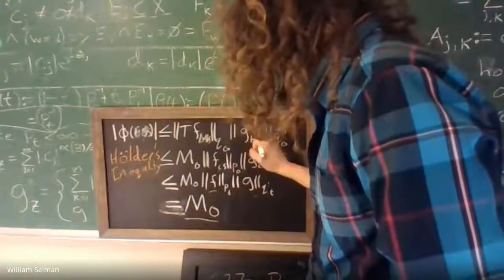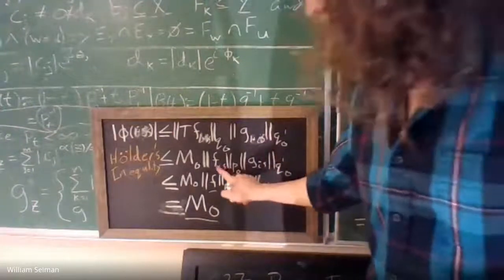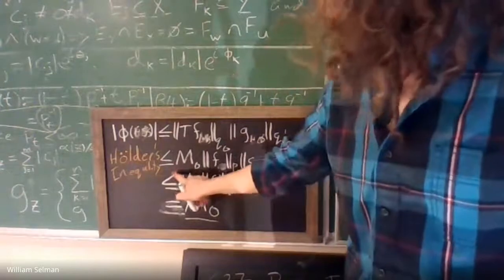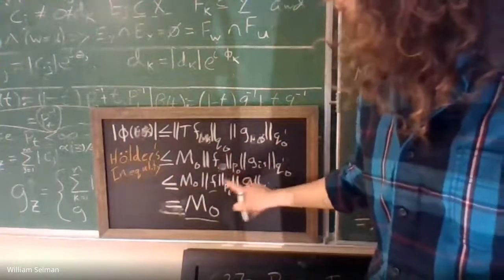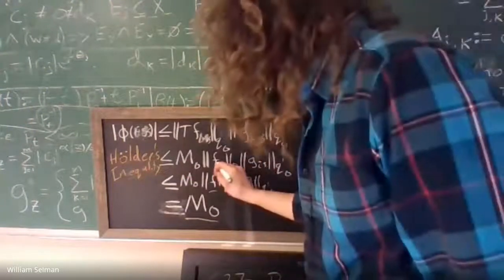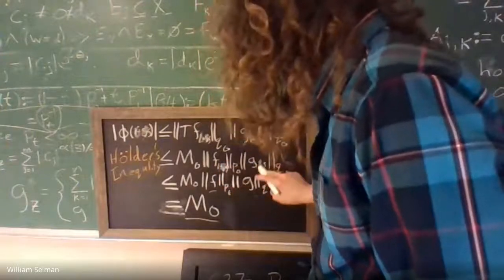And now, instead of canceling, again we use Holder's inequality to get here. And then by our hypothesis, we can replace the Q naught norm with the P naught norm and add our coefficient. But now we have 1 plus is and 1 plus is.